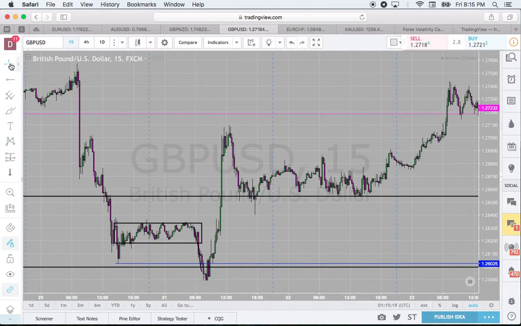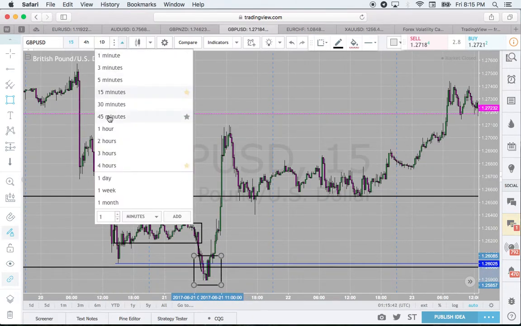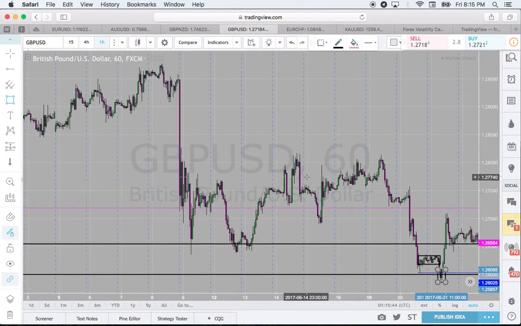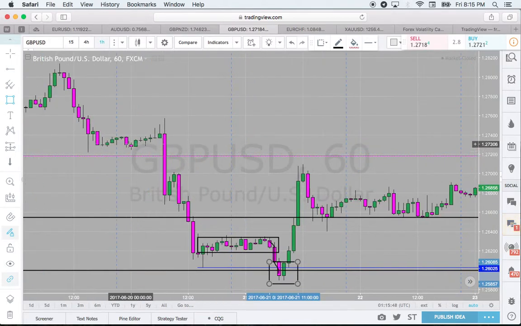Okay? And this is just one of the perks of being able to judge where the market is going to go. You don't have to stress about it because once you see the dealer is in one of these zones fishing for liquidity, you can see this trap happen right here on a higher time frame, on a 1 hour time frame.